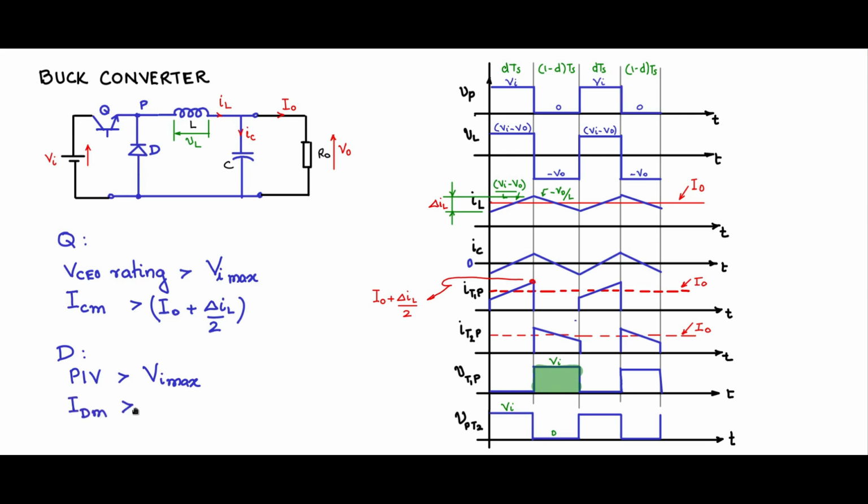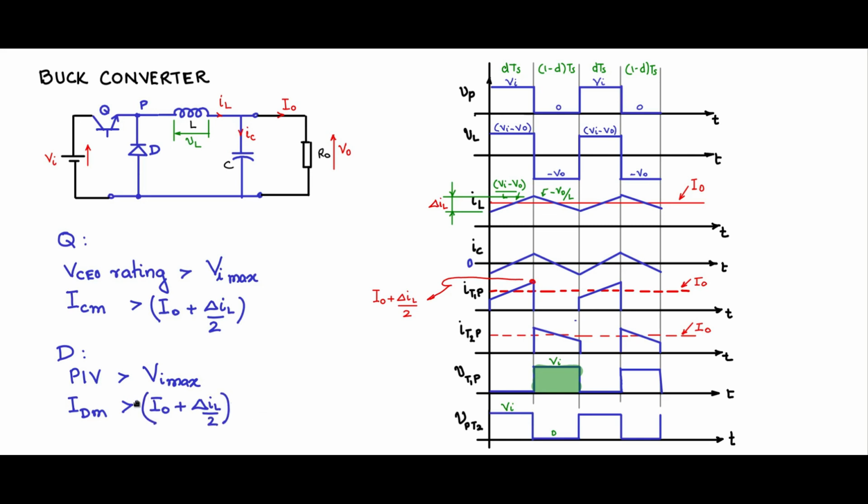And the current IDM, max current, that flows through the diode is shown here, T2P, and this again is I0 plus delta IL by 2. Therefore IDM should be greater than I0 plus delta IL by 2.